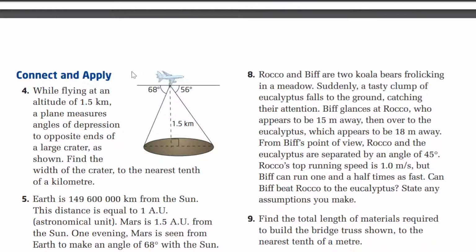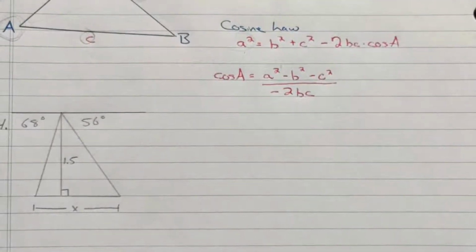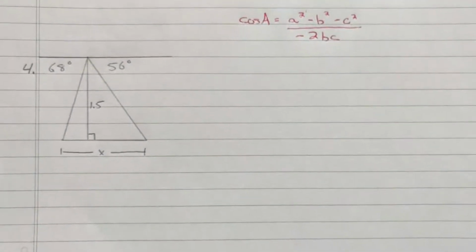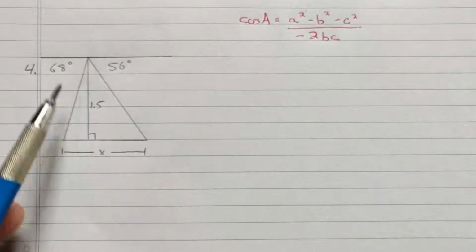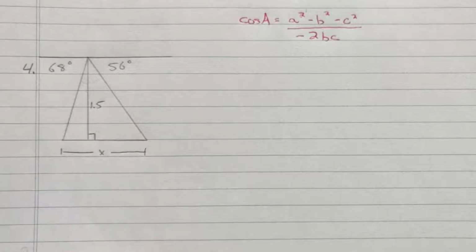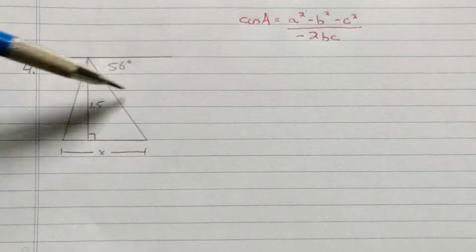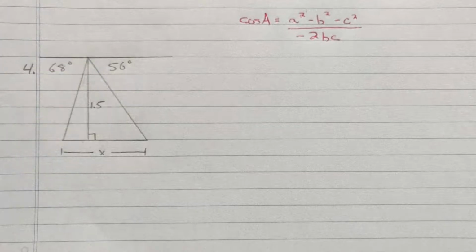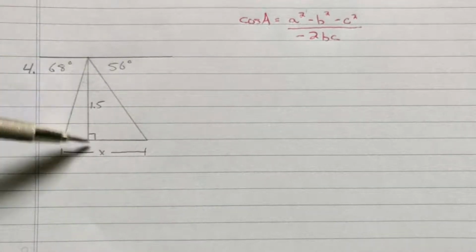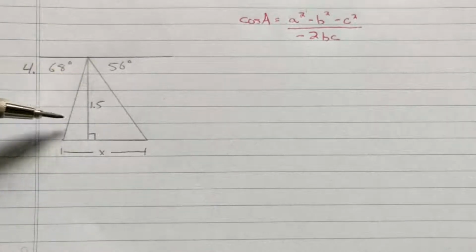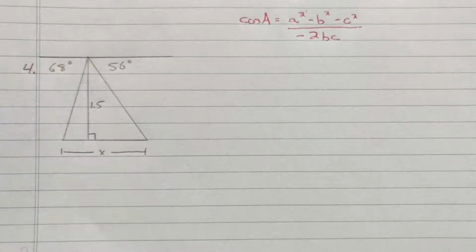And so if we look at that, I've drawn a little diagram here in my notes. So there's our diagram. Now the triangle we're working with, we don't have any interior angle information as of yet, and we don't have any of the actual side lengths of this big triangle. What we do have is information about this height here, the one side in both triangles at the 90-degree angle.